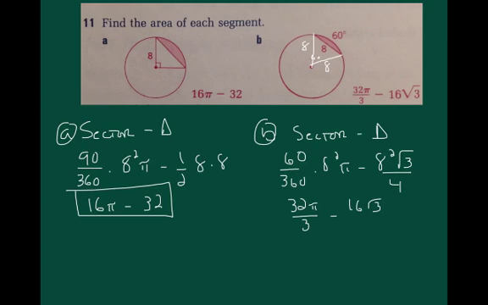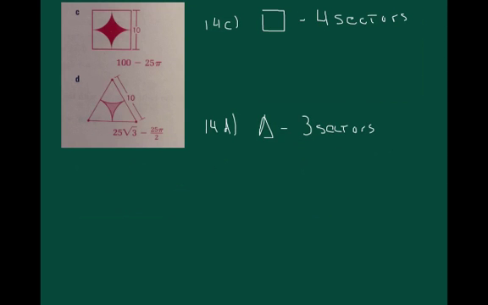Number 14. 14C and D kind of give you a look at how to do all of 14. And you can see that in part C, we're trying to find the shaded region, which is really just a square minus the 4 sectors, or 4 quarter circles. Well, we know that the square is going to be 10 squared.